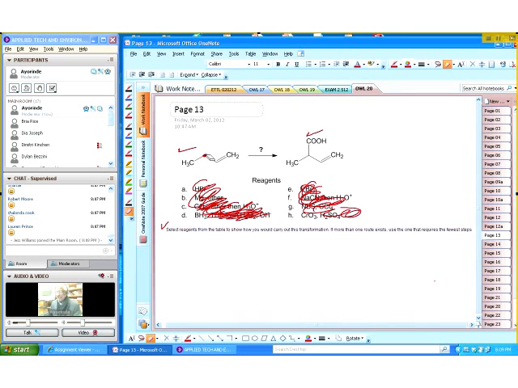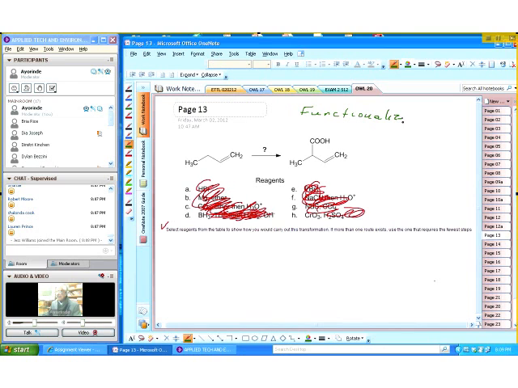Okay, anybody has an idea? Somehow we need to functionalize this carbon here and then make a new carbon-carbon bond to this carbon. Any suggestion? Okay, the first thing you do is functionalize that carbon.